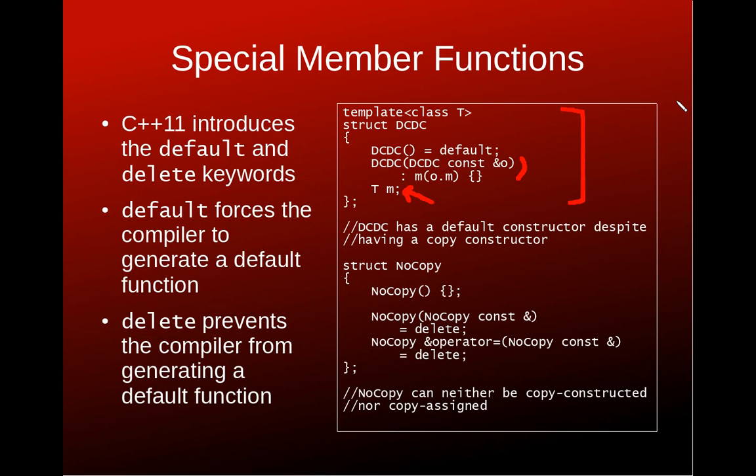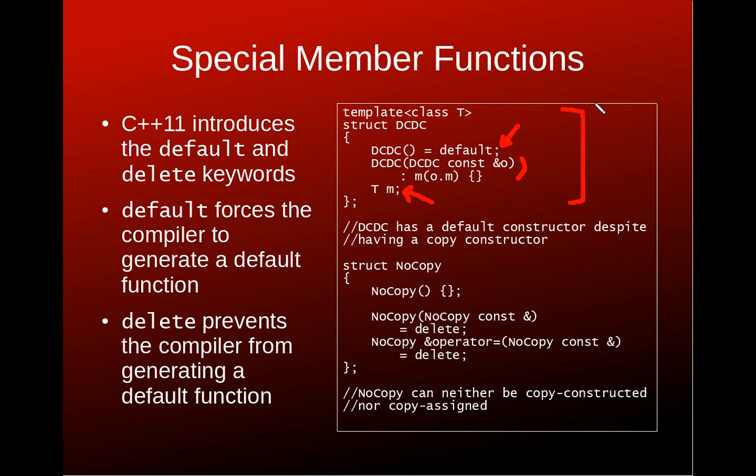But we can force the compiler to generate a default constructor by using the default keyword. The default keyword says, I know I've not met the condition for you to generate this, but generate it anyway. So it's very useful if you have a structure where you've defined some other constructor, and that constructor is very useful for certain situations where you'd like to instantiate with those arguments, but you'd also like to be able to default construct.